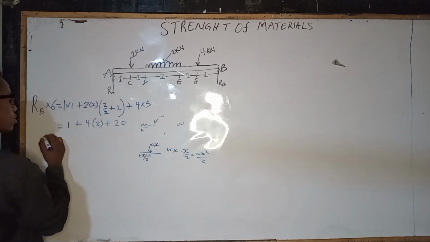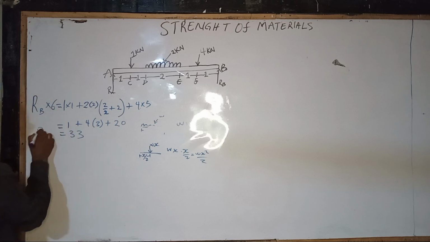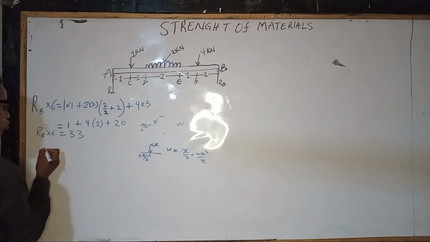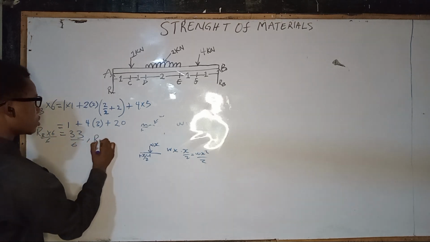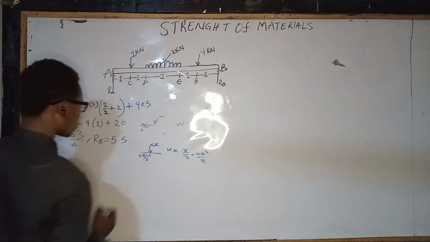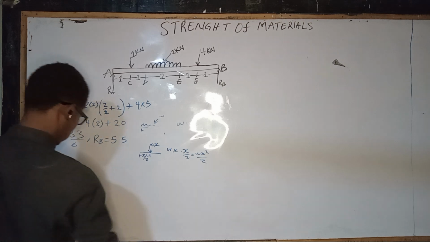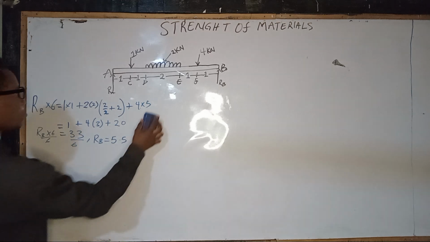If we add all of this together, it equals 33. That is, RB times 6 is equal to 33. Dividing both sides by 6, our RB is 5.5.